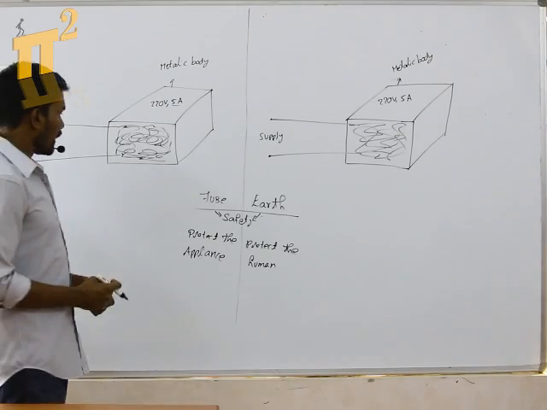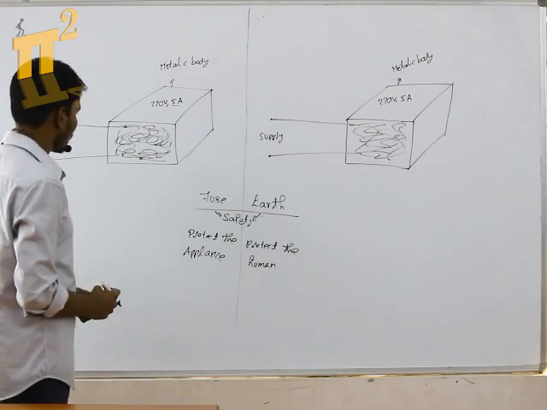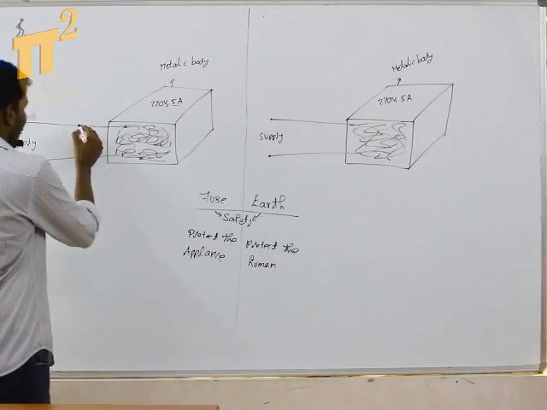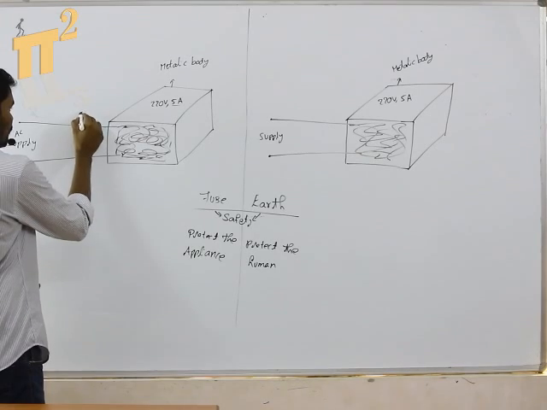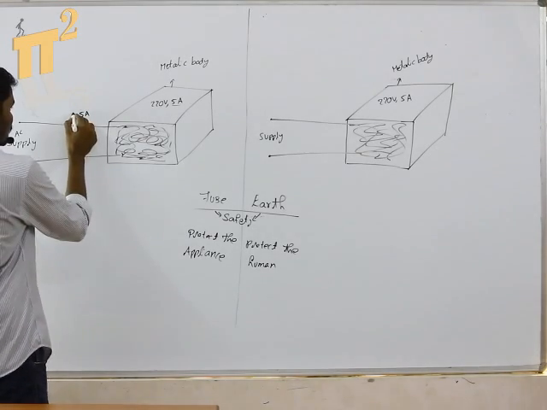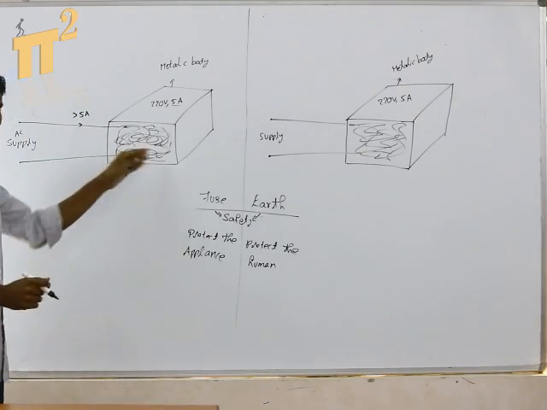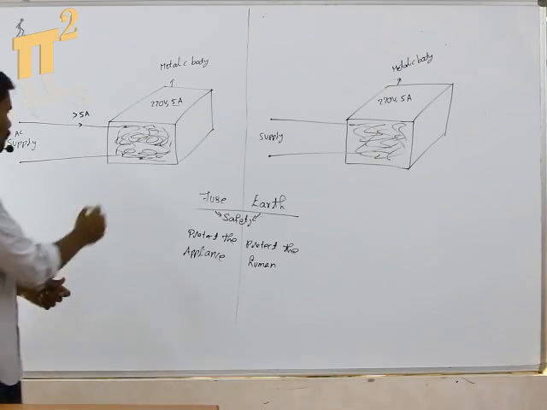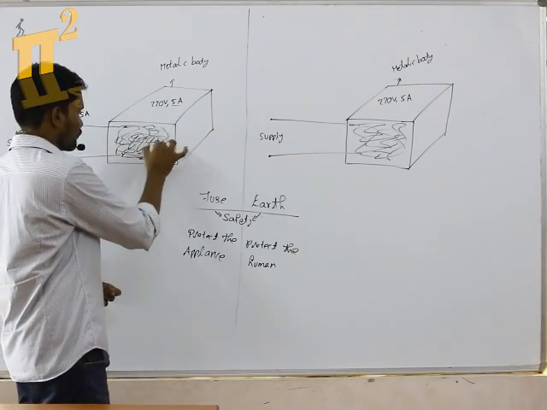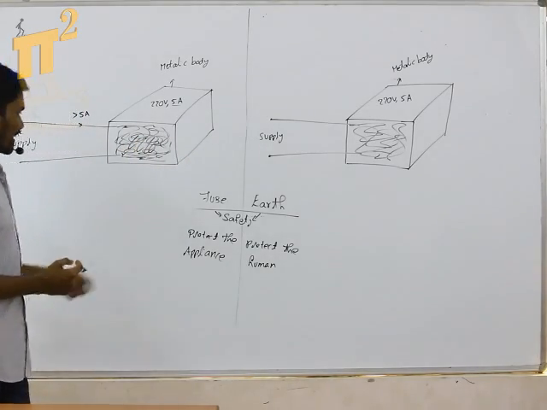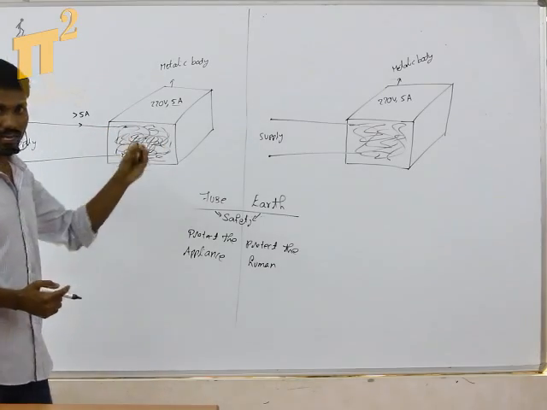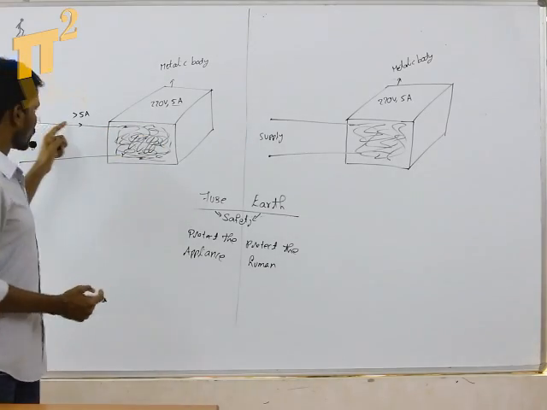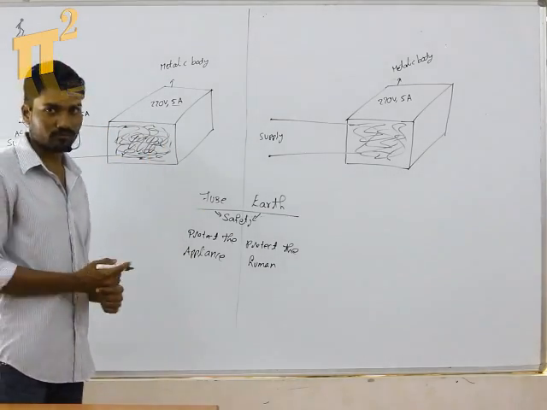Because of some abnormality, it is drawing more than 5 amperes. Current going into this is more than 5 amperes because of internal short circuits of the winding. The resistance inside this has reduced, hence the current drawn is more.